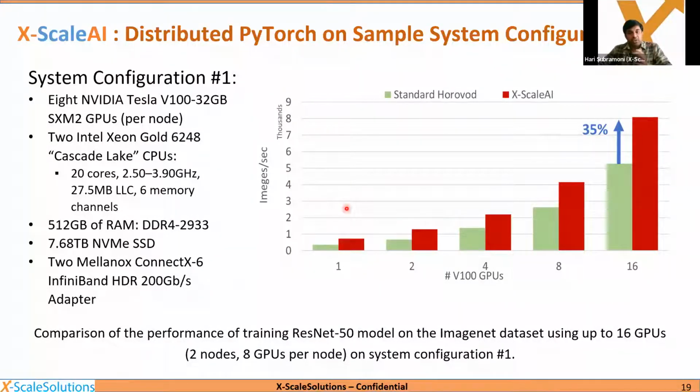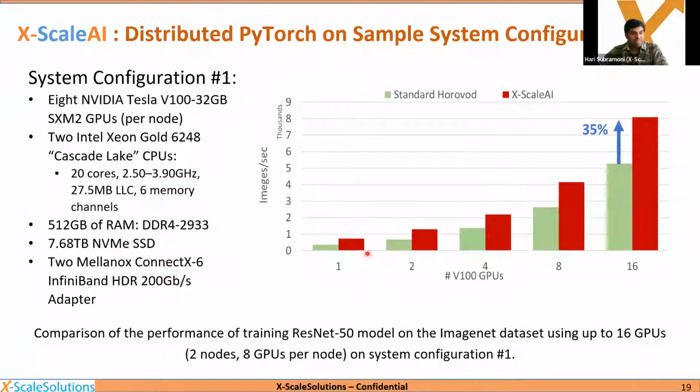So what is it on the performance side? This is a standard comparison of your basic Horovod middleware and Xscale AI middleware for distributed PyTorch training. This was running on 8 NVIDIA Tesla V100 systems with 2 Intel Xeon Cascade Lake CPUs, and this is the hardware configuration of that particular system.